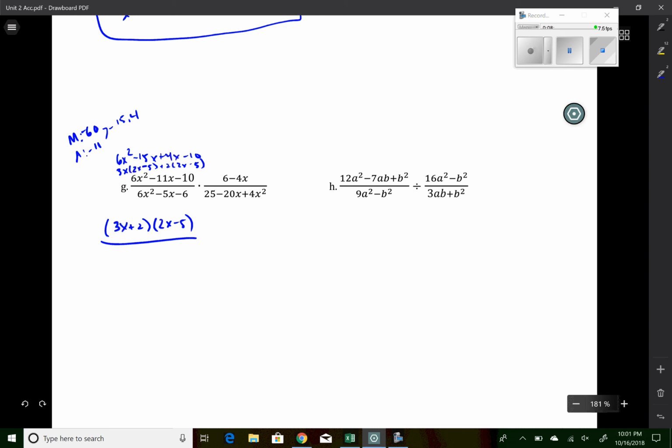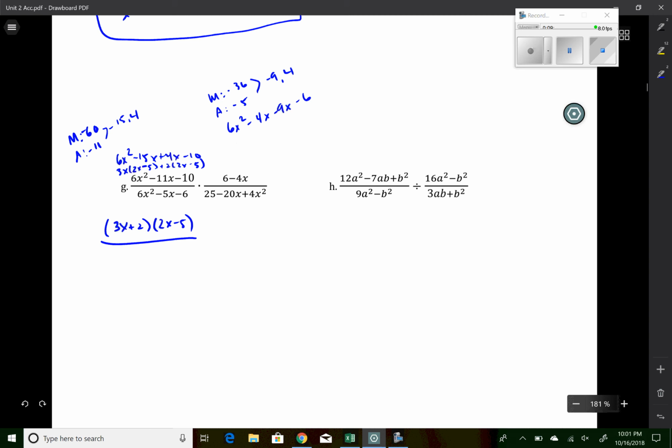For that first denominator, I also again have that AC method, so I'm figuring out what multiplies to make -36 but adds to make -5. So that's going to be -9 and 4. So now I would do 6x squared minus 5x minus 9x minus 6. Do your GCF thing.